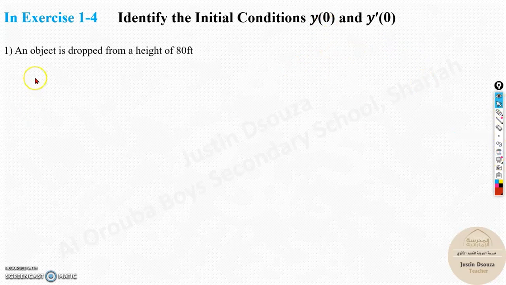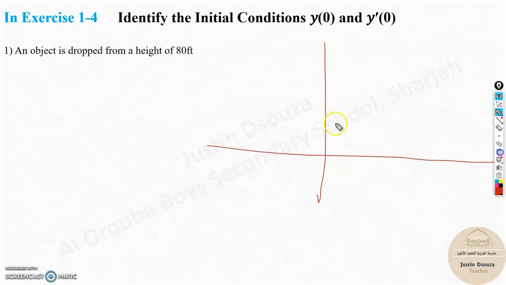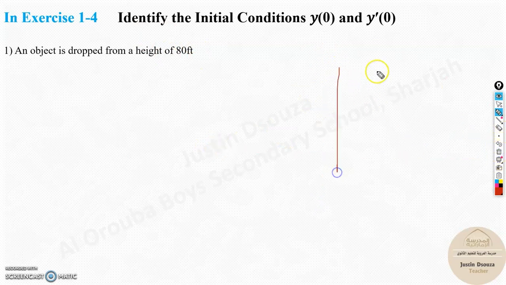Now let us see: an object is dropped from a height of 80 feet. You can see the 80 feet is where it starts. Imagine this is a building, and somewhere here is 80 feet, and an object is being dropped from here.